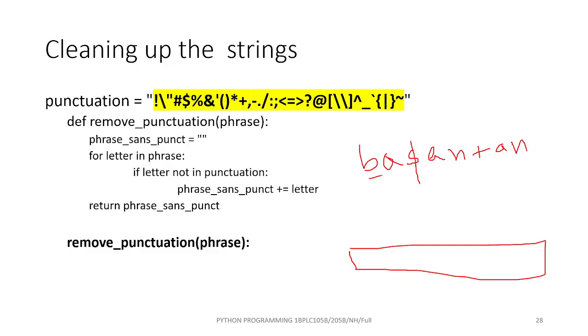The first character is B. Is B there in the punctuation? No. B is added. What about A? A is also not there. What about the dollar sign? Dollar is mentioned here, so skip. A is not there, so it is added. N, yes. N is not a punctuation either. Like that, these punctuations are removed.